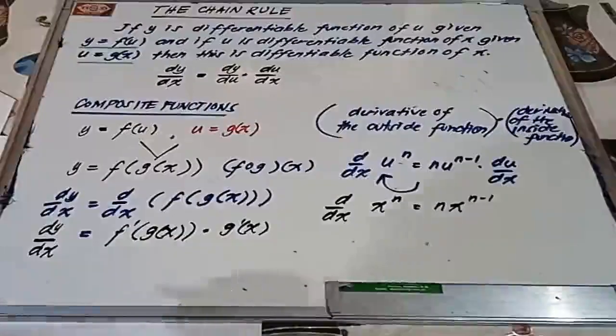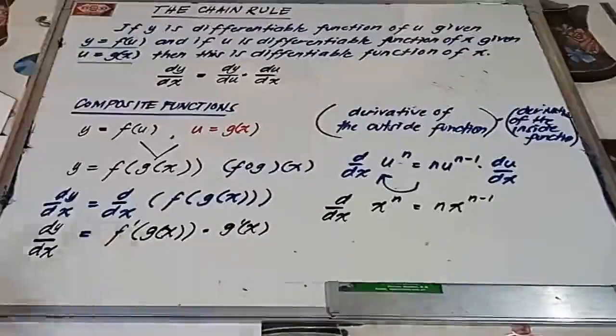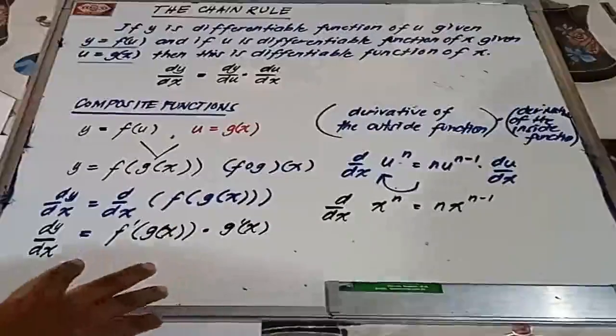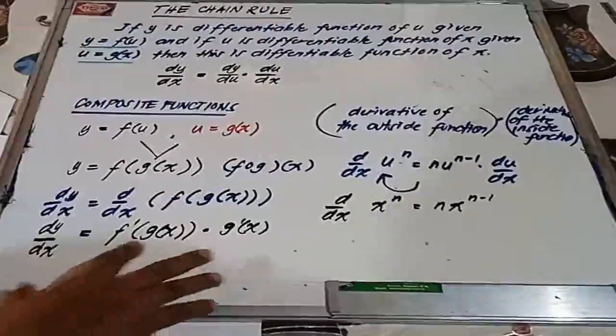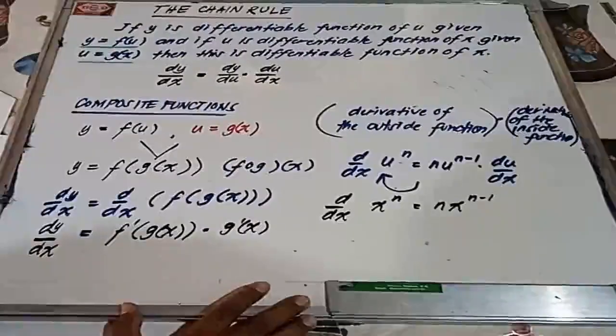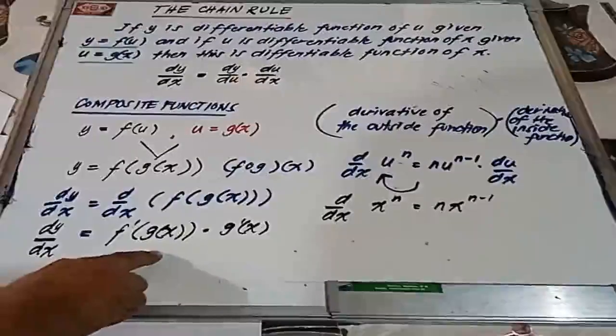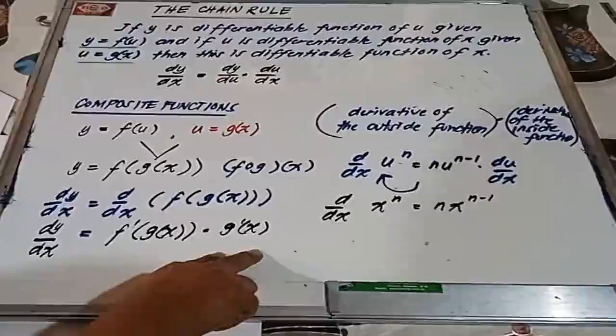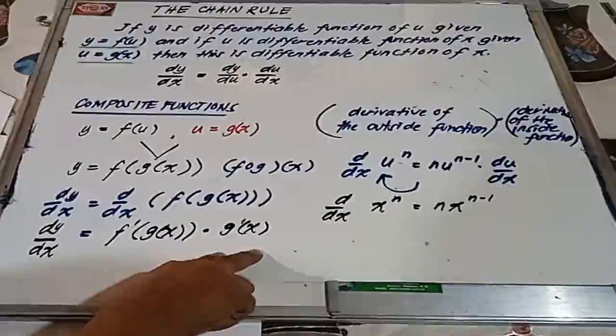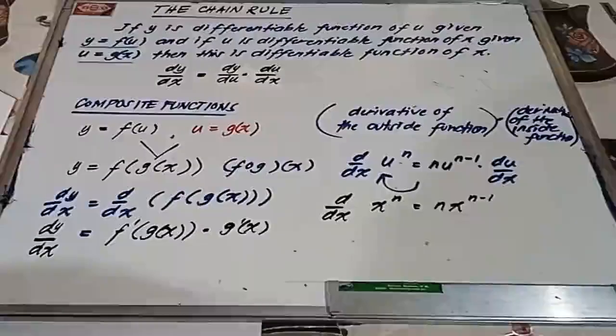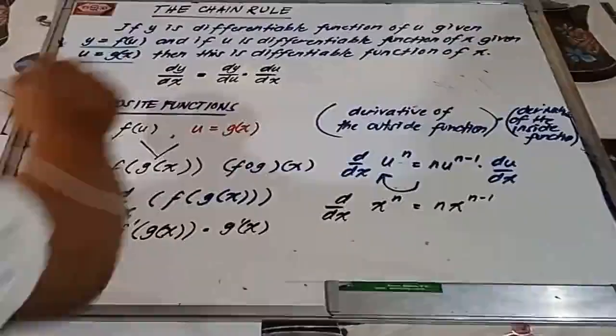Okay? There are two ways in determining the derivative of a composite function. We can apply the rules of differentiation na binigay ko sa inyo, that is the derivative of the outside function times derivative of the inside function. Or we can apply this one, okay?